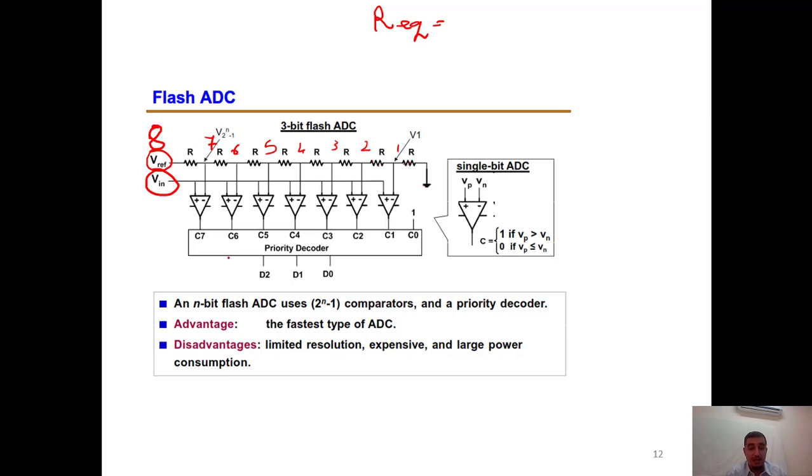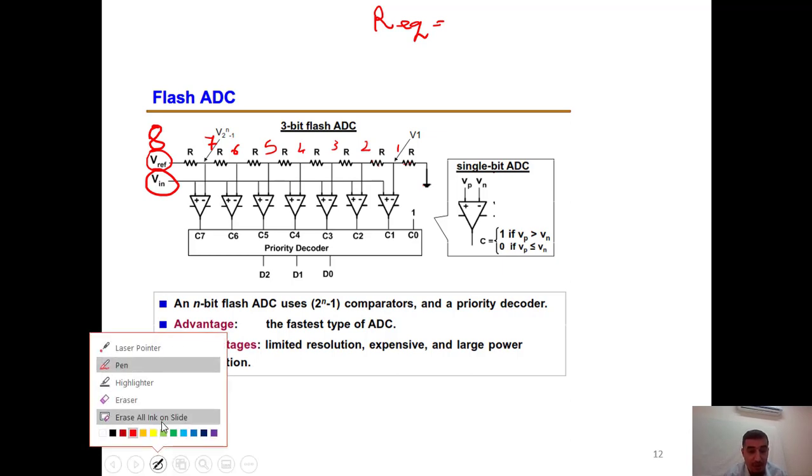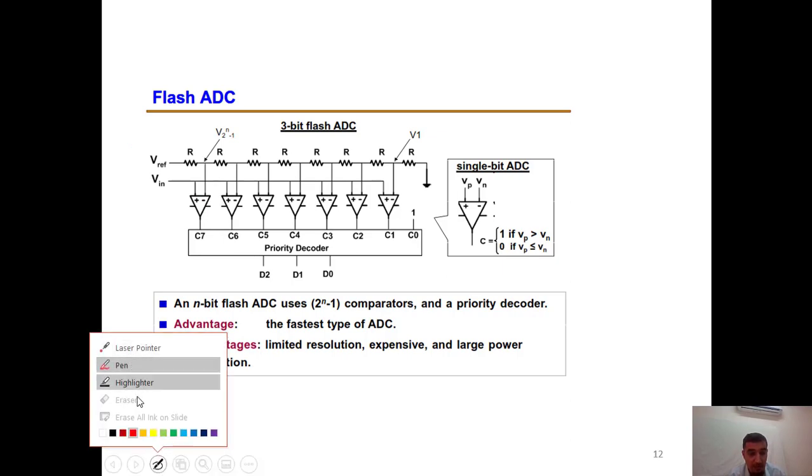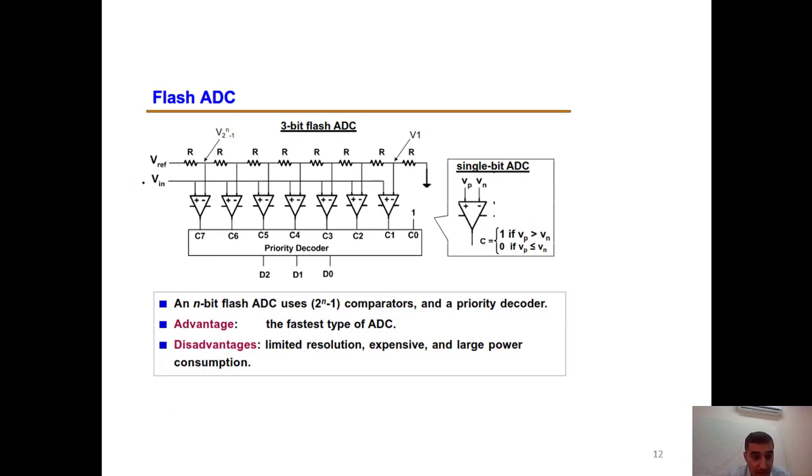And let's say my Vn is equal to 4. Okay, this is a comparator once more. My Vn is equal to 4 volts, and my V reference is equal to 8.